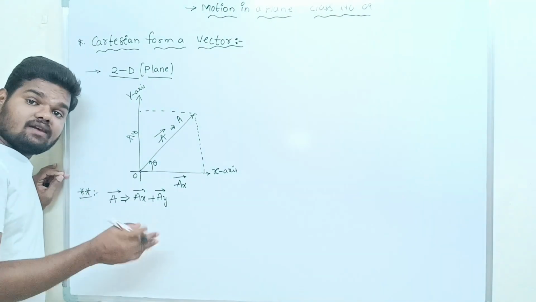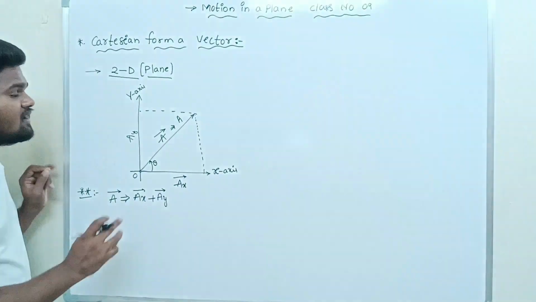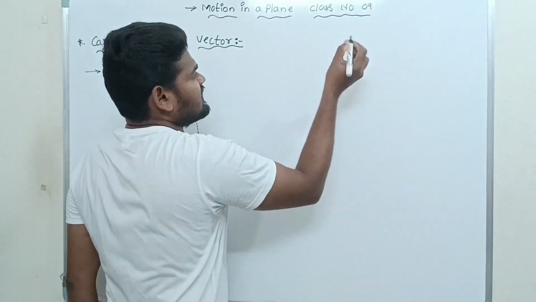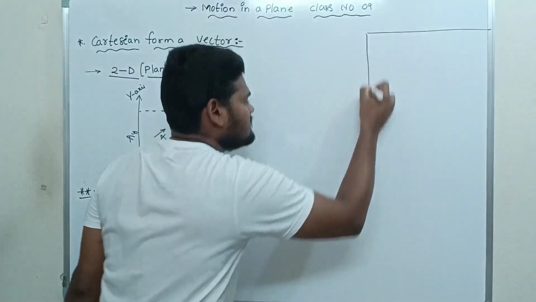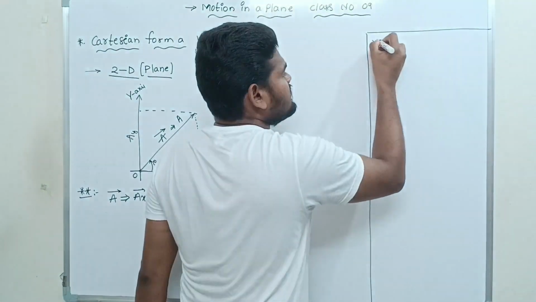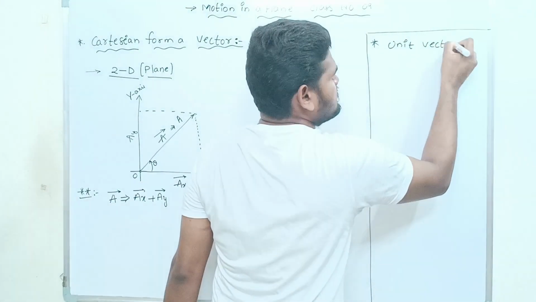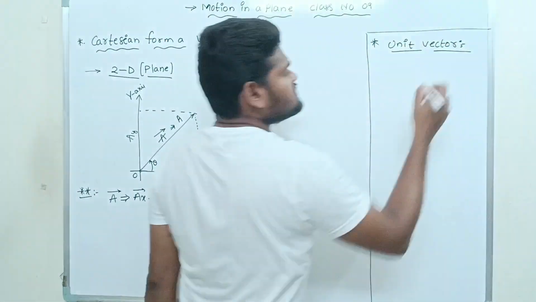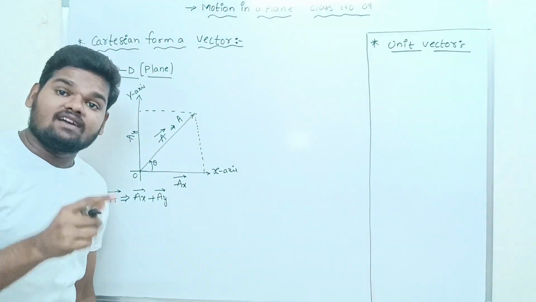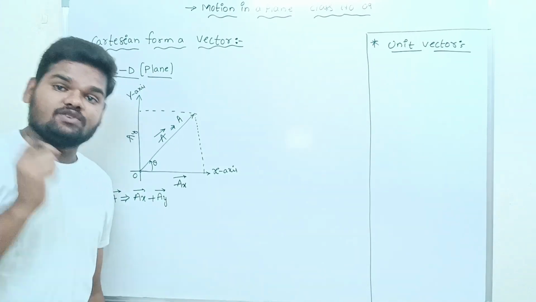In a previous lecture we discussed this. From the definition of unit vector, have a look. What is the meaning of unit vector? A vector whose magnitude is 1 is called a unit vector.